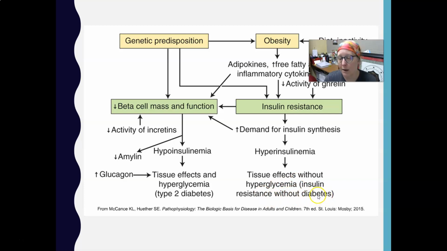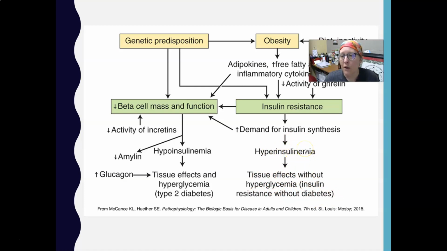The sugar is damaging to your body, but the insulin is damaging to your body too. Having high insulin all the time is actually bad. So you get insulin resistance without diabetes if you just have high insulin levels.